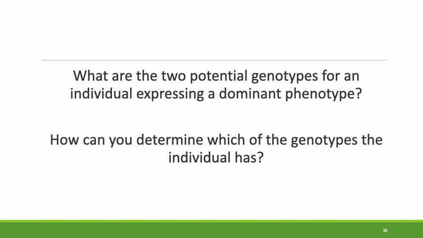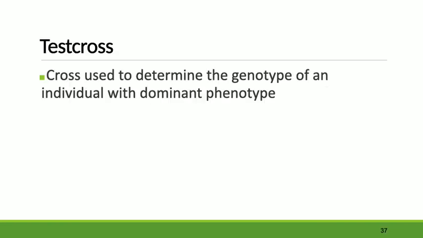If an individual has the dominant phenotype, they can be either homozygous dominant or heterozygous for that particular trait or gene. A test cross is a way to distinguish between those two. It is a cross used to determine the genotype of an individual with a dominant phenotype.